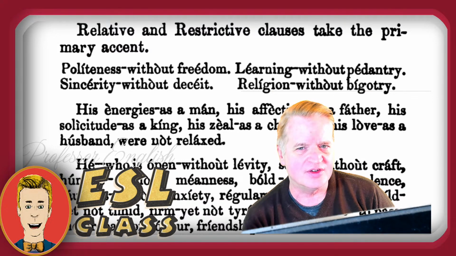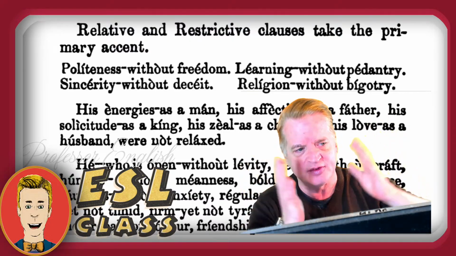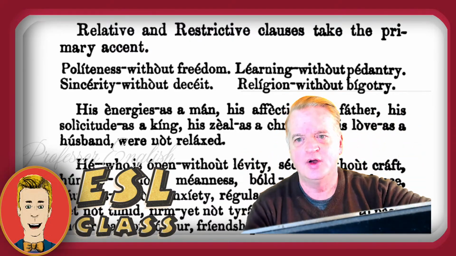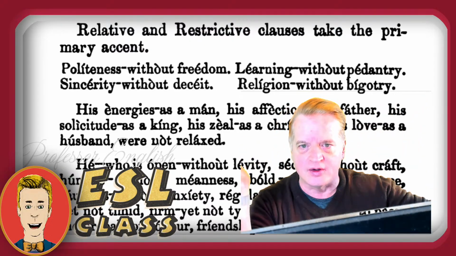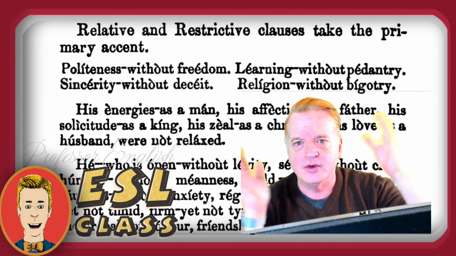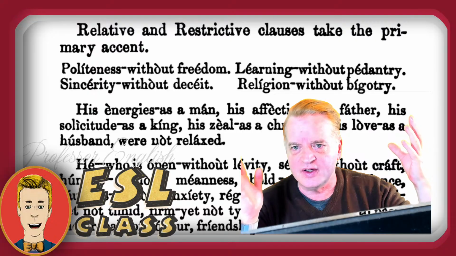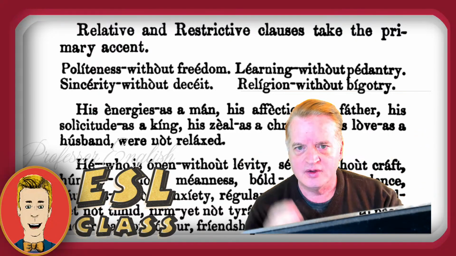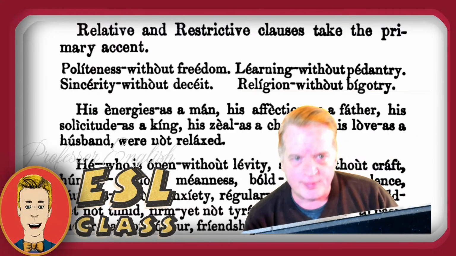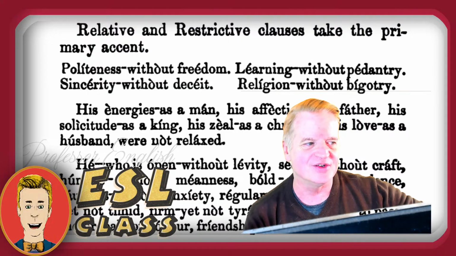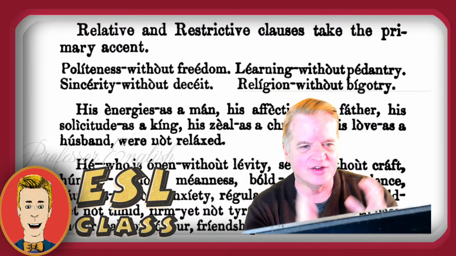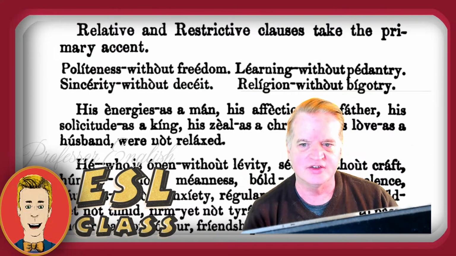But you see, they're still doing this pattern of, it's really just big, small, big, small. You have politeness without freedom. Learning without pedantry. Sincerity without deceit. Religion without bigotry. It's still, no matter how you describe it, it always goes back to big, small, big, small, big, small.